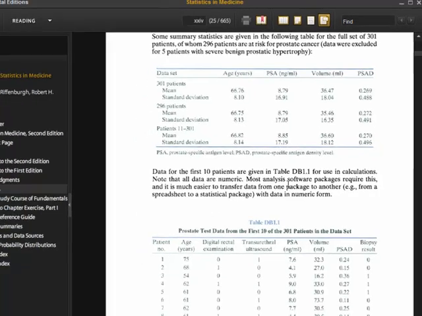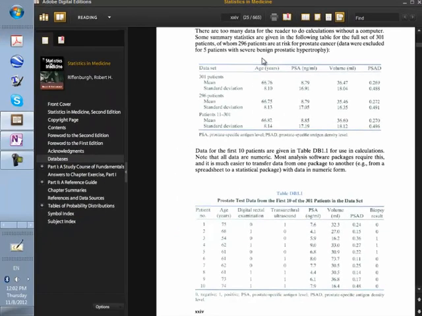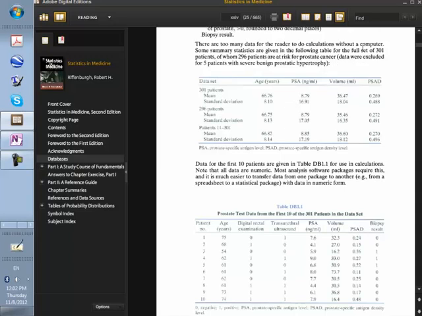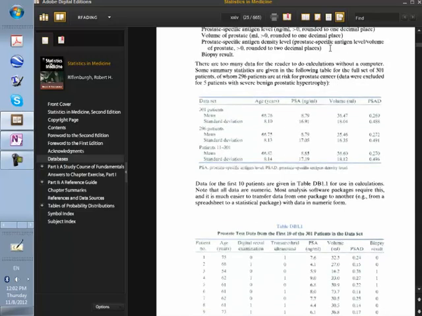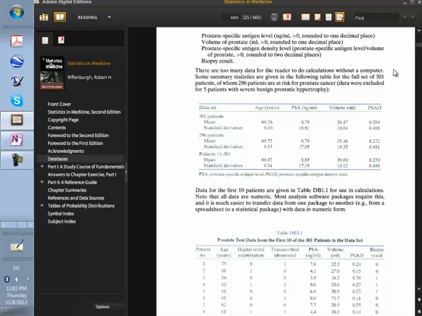For people who look here, there are too many data sets for the reader to do calculations with a computer.